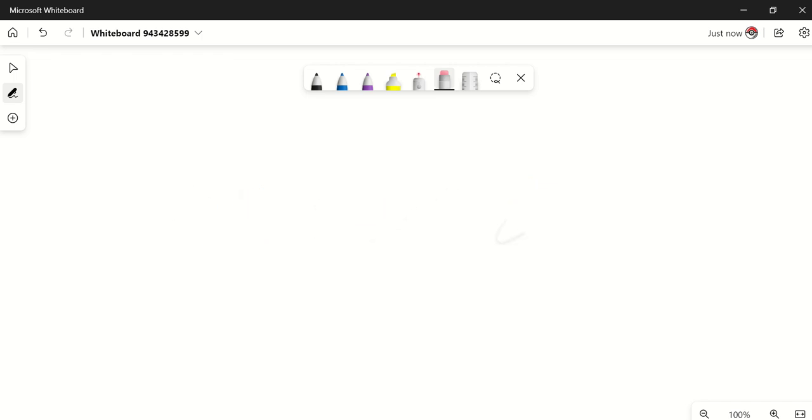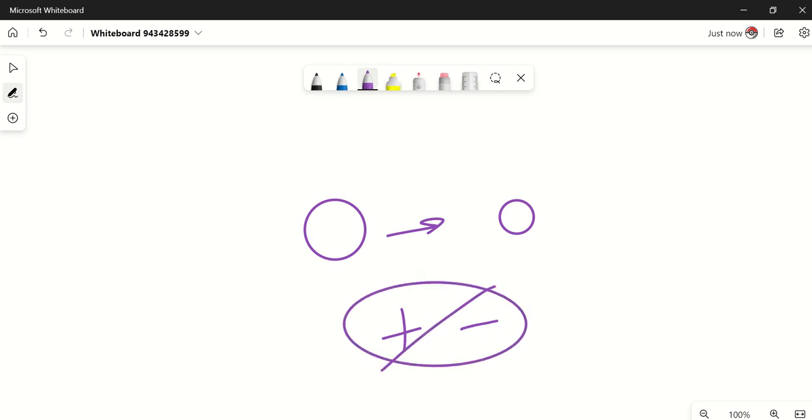And do not forget to add this into your notes. If your number is 0, the opposite of 0 is 0, because 0 is neither positive nor negative. 0 is just nothing. The opposite of nothing in math is nothing, not something. So the opposite of 0 will just be 0 again.